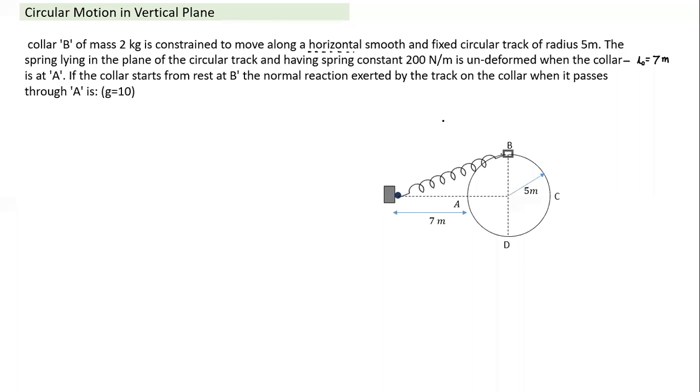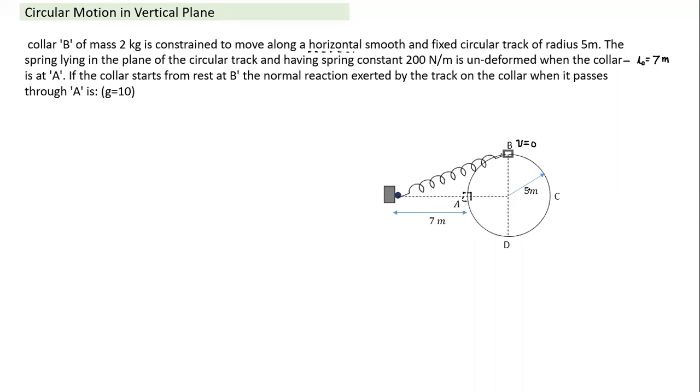So we need to find, if the collar starts from rest at B, so at this point it is released from rest, no velocity is given, velocity at this point is 0. When it reaches point A, we need to find what is the normal reaction exerted by the track on the collar when it passes through A. That's what we need to find.